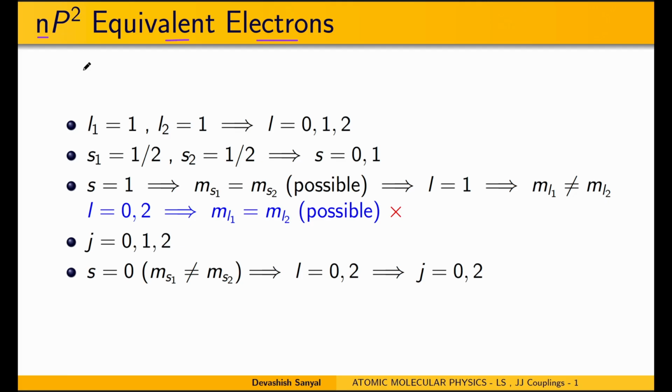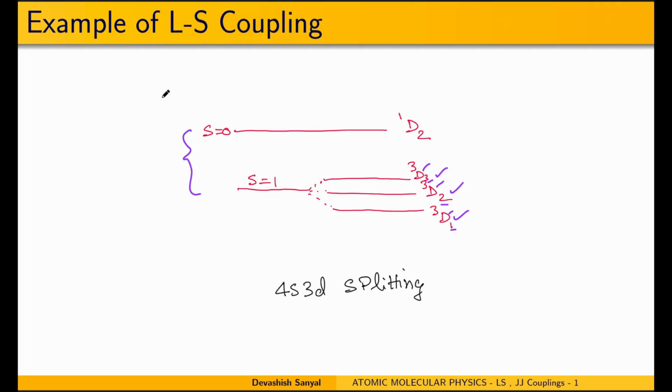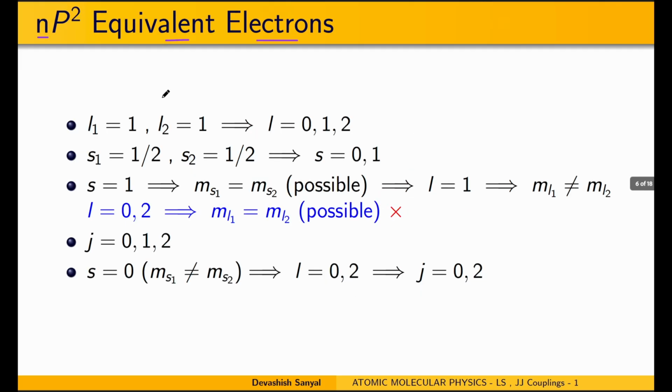So in these cases, when we employ the LS coupling scheme, we have to be careful. We'll do this np² case. Here p means one electron having orbital quantum number 1 and the other one also having orbital quantum number 1.